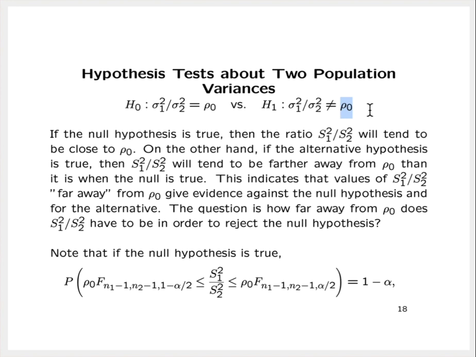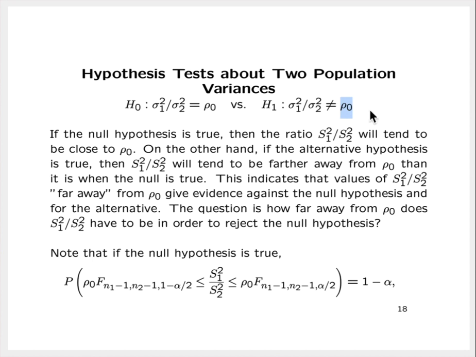This indicates that values of S1 squared over S2 squared that are far away from rho sub 0 provide evidence against the null hypothesis and therefore for the alternative hypothesis. The question is, how far away from rho sub 0 does the ratio of the sample variances have to be in order to reject the null hypothesis?